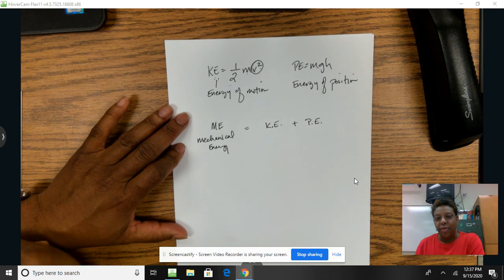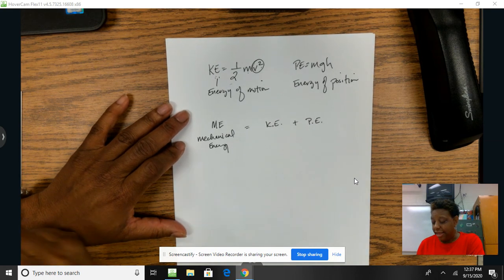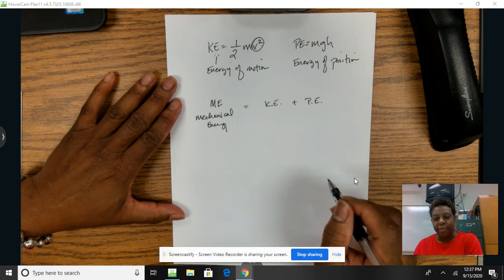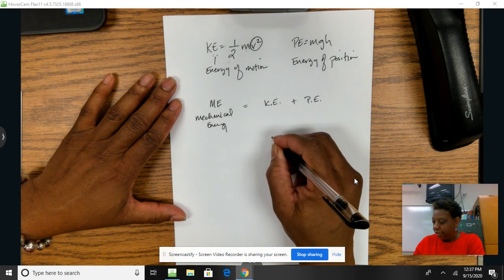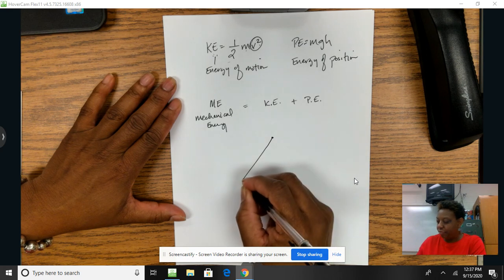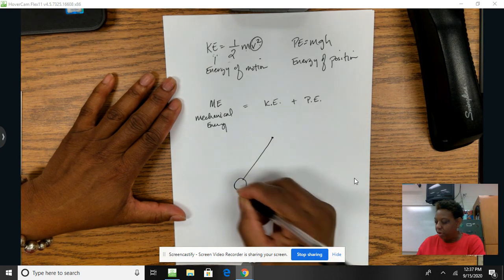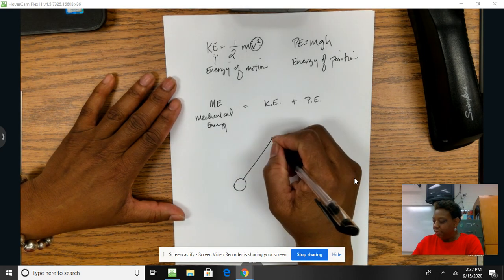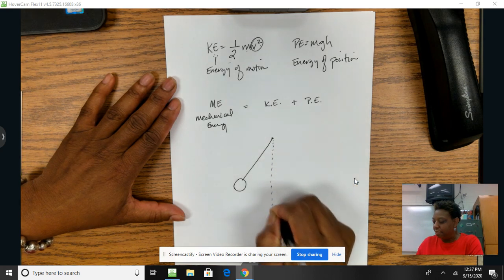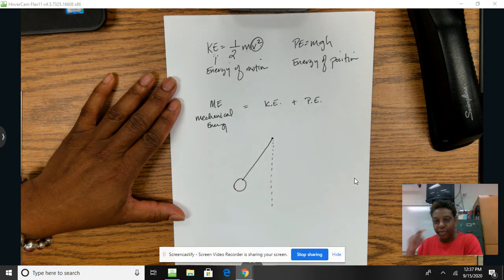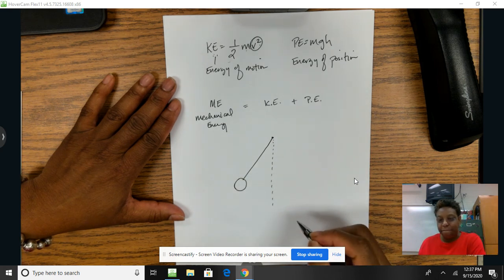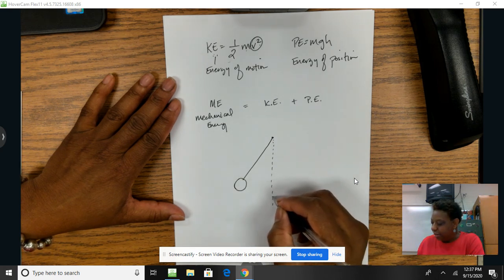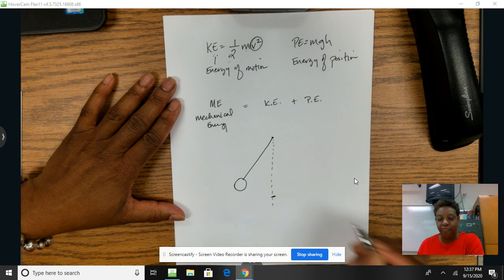So how this plays out, and the way that we want to analyze it today, is I'm going to use an example of a pendulum. All right, so I've got a pendulum, ball on the end of my pendulum. So I'm going to say this is my midpoint. So the pendulum had to be pulled back, and this is going to be the lowest point of the pendulum.